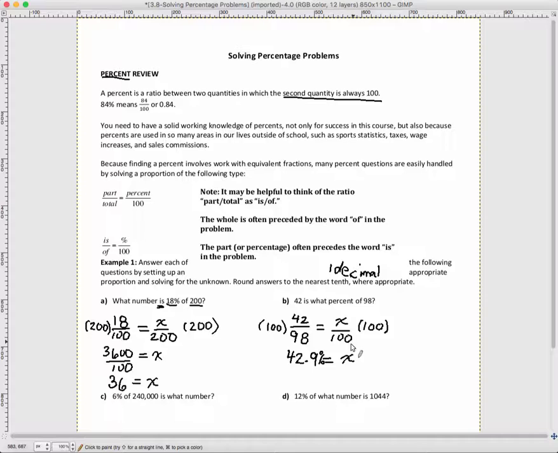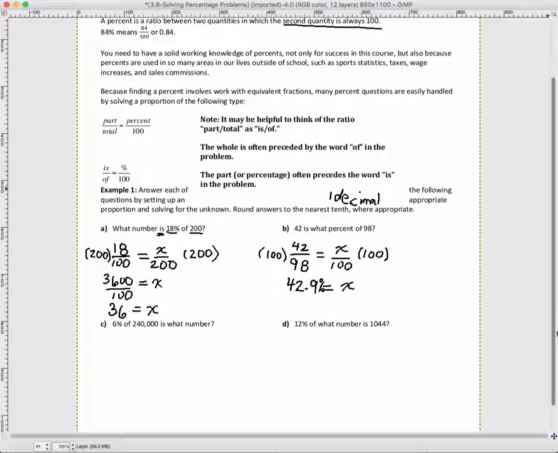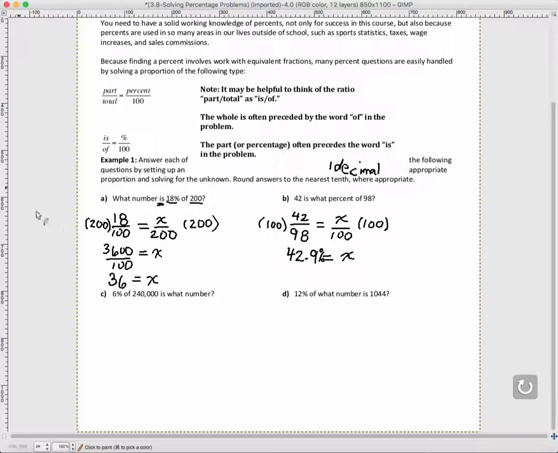What percent. Okay? Now, let's go ahead and look at problem C here. It says 6% of 240,000 is what number? All right, so "of" tells me that 240,000 is my whole part.